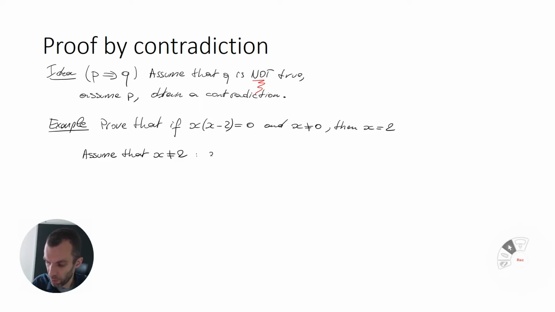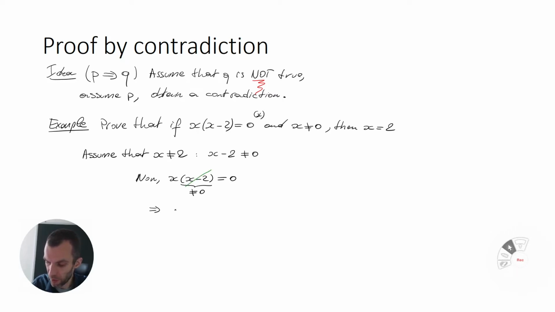So then what we have from that is that x minus 2 is different from 0. And now if we go look at what we're given, x times x minus 2 is 0. And we've just established that this factor is not equal to 0, so we can divide it out.